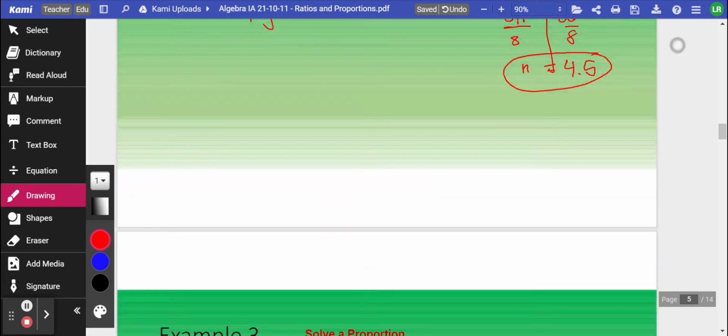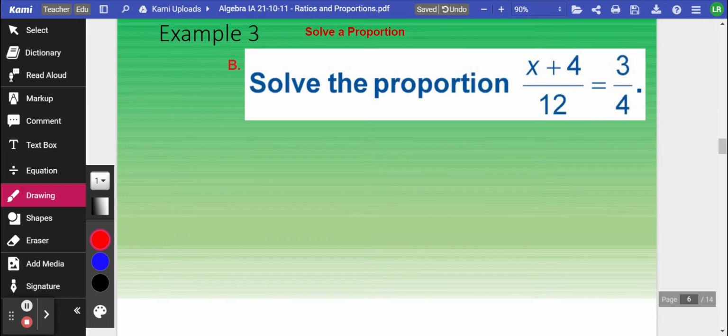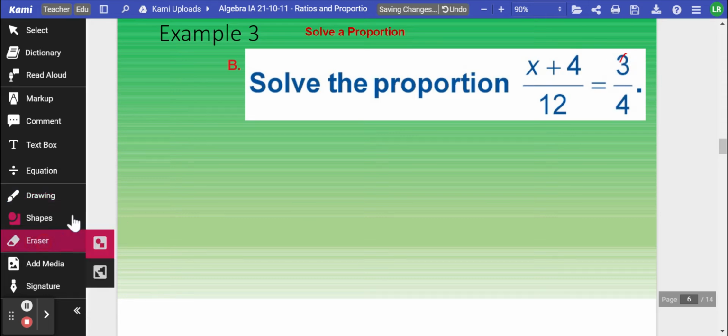What we're going to see also are some multi-step proportions. Okay, and the steps are the same, but there's a little bit more work that goes into these. So what we should see again, we have a big fraction here, but we have a fraction equal to a fraction. So we still have the same deal.